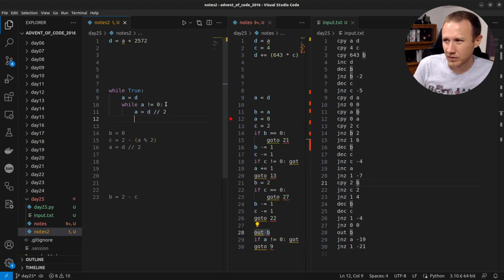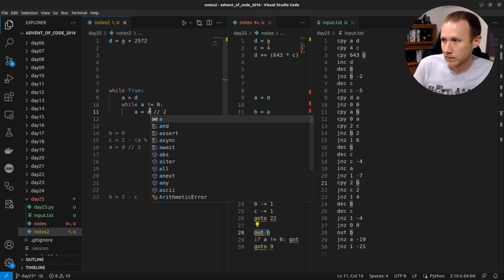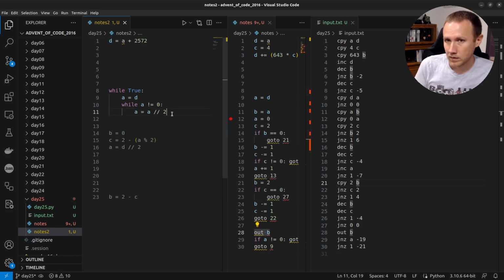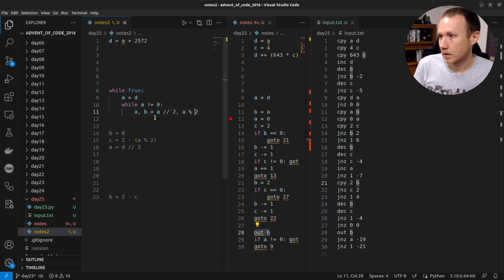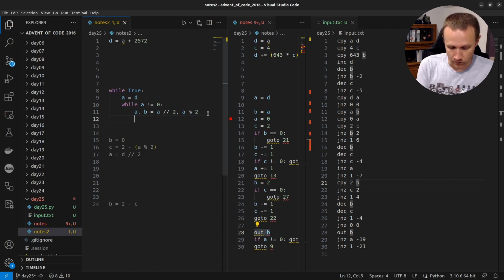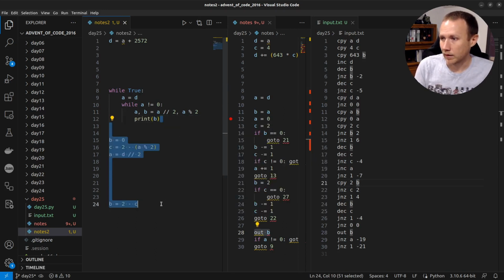I guess it's actually going to be equal to A divided by 2. We divide by 2. I guess we should probably do this like this so that we can see both at the same time. B is equal to A mod 2. So there we go. We're going to update that, and then we're going to print B. That is really it. That's our whole thing right there.